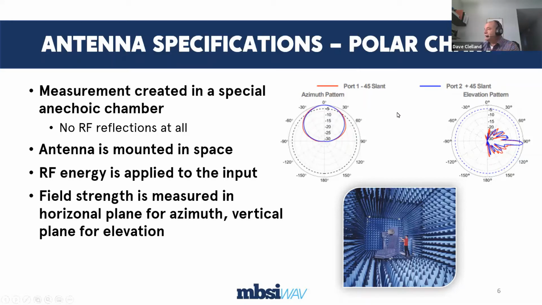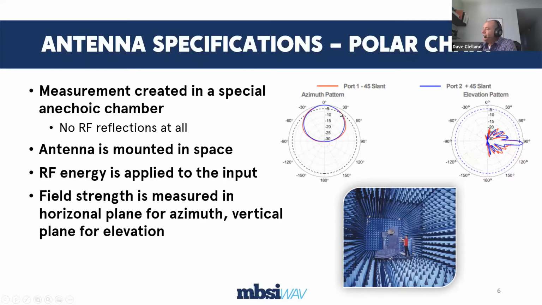What it shows us is that in the direction the antenna is designed to go, in this case 0 degrees, we have a particular signal level. As we move around the antenna to 30 degrees clockwise, we see that the signal strength has fallen by some number of dB. The dashed line on this polar chart indicates 3 dB.